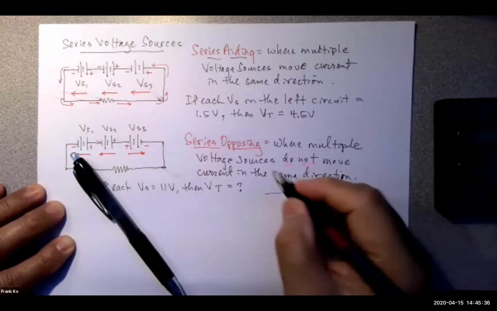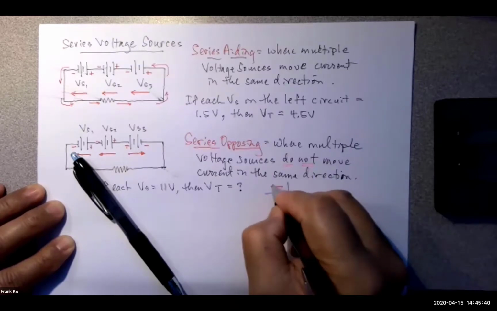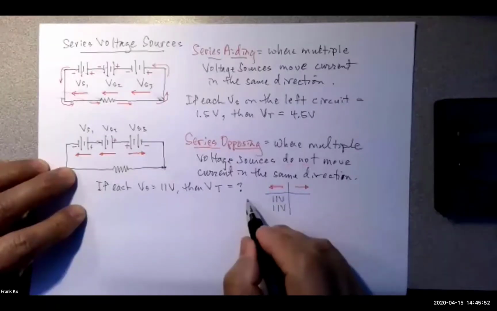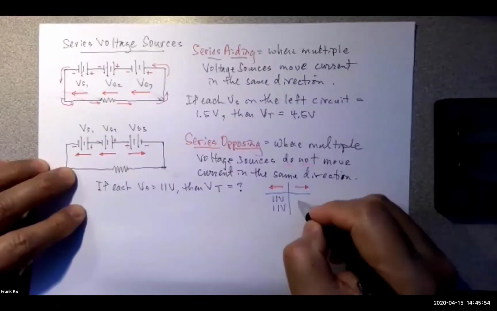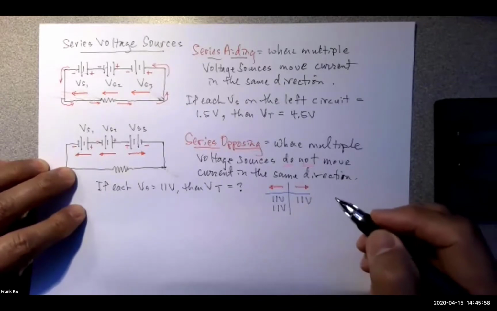And the T-chart will show currents moving in this direction and current moving in this direction. So you'd have 22 volts to the left and then 11 volts to the right. So I have 11 volts and another 11 volts, and then on the right I have 11 volts moving to the right.